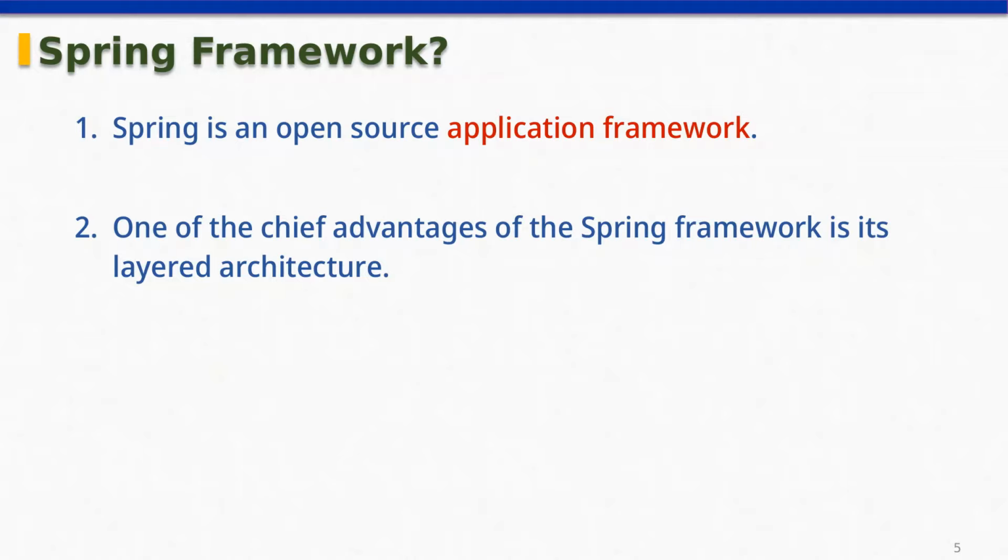If you don't want that particular thing, you can simply remove it. And with the layered architecture, you can debug the code very easily, find out where the problems are, and solve those problems very easily. So this is the main advantage of the Spring framework.